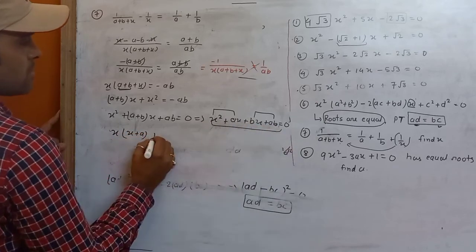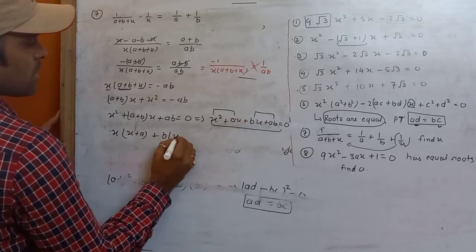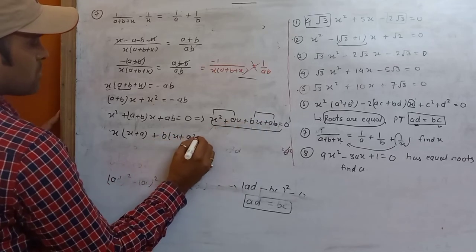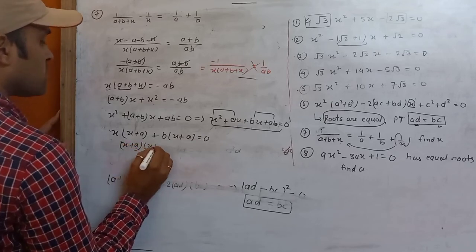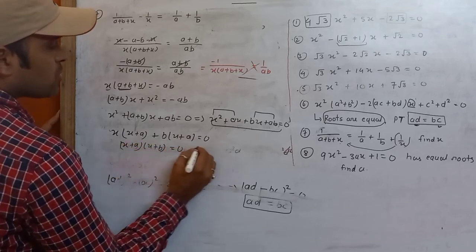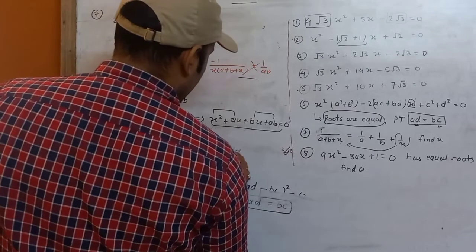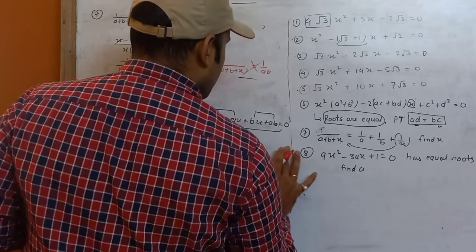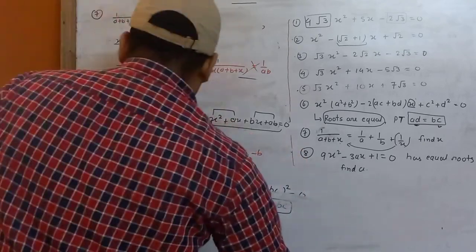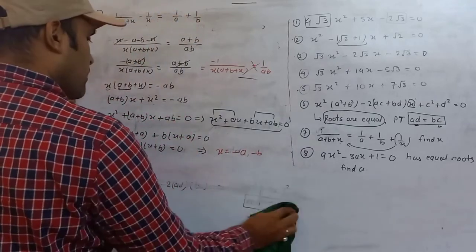For the second pair, b will be common, which gives x plus a, is equal to 0. So from here, (x plus a) and (x plus b) is equal to 0. So the value of x is minus a and minus b. So this is the solution of question number 7.